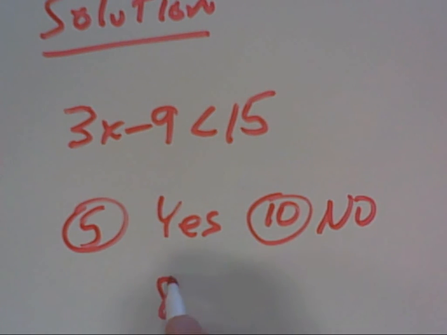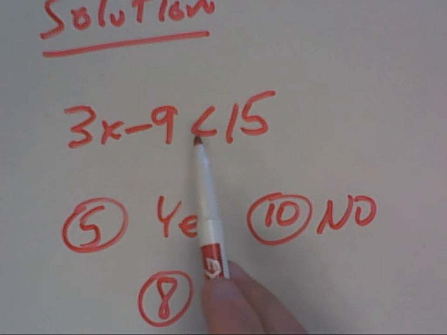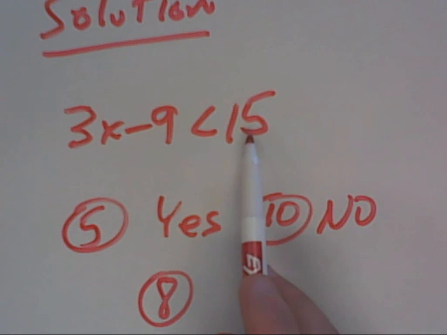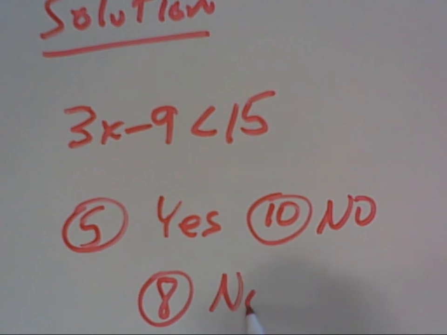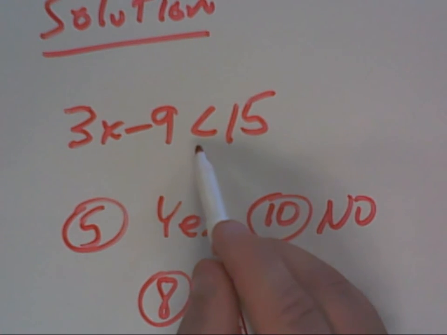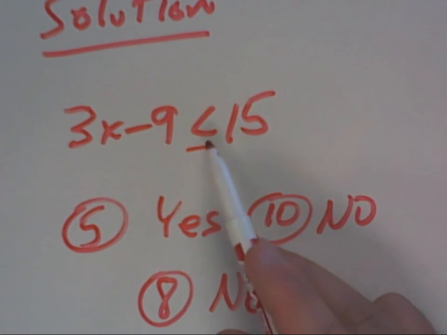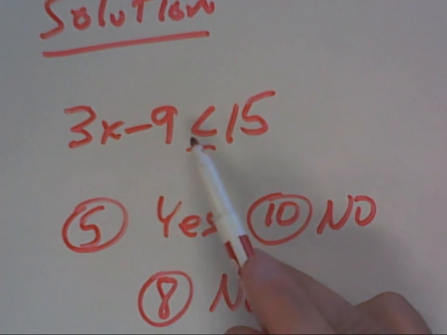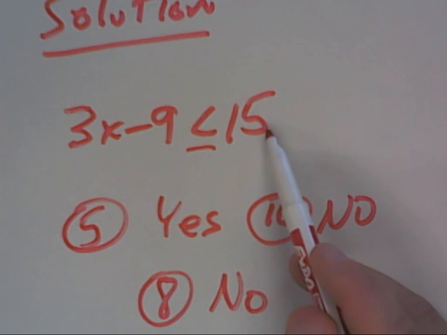Let's try something like 8 though. If I plug in the number 8, 3 times 8 is 24. And 24 minus 9 is 15. But is 15 less than 15? And the answer there would be no. It would work if there was an inequality sign under it that looked something like this. That would mean everything that works that would be less than or equal to 15.